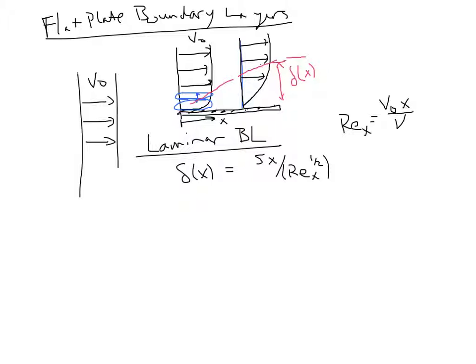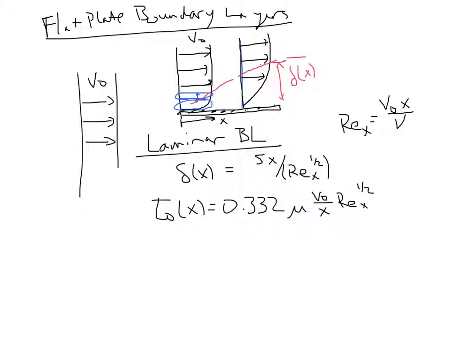The shear stress along the plate, we call it tau 0, can be found from the same analytic solution and is determined to be 0.332 times the absolute viscosity, V0 divided by distance along the plate, again times Rex to the 1/2 power.